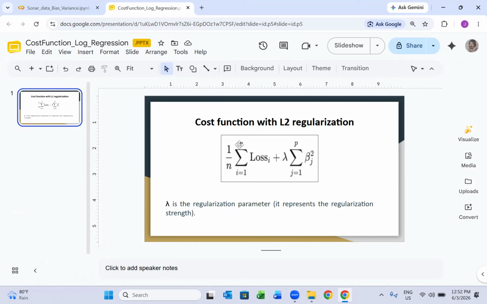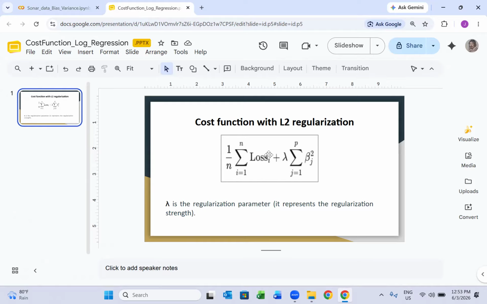The cost function will be the loss function across all n training observations, the loss function summed across all training observations, plus lambda times the sum of the squared feature weights, or you can also say the squares of the feature coefficients. And that's the cost function.